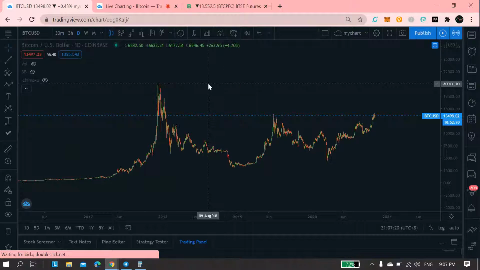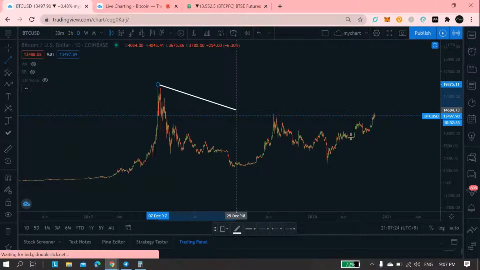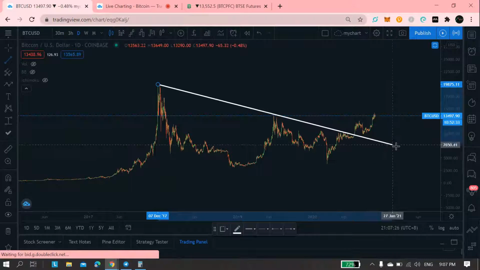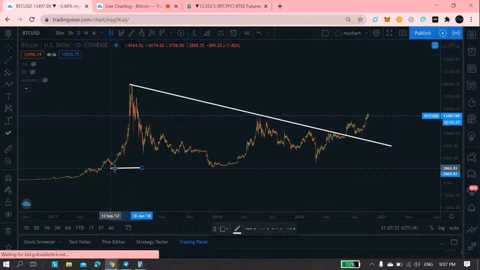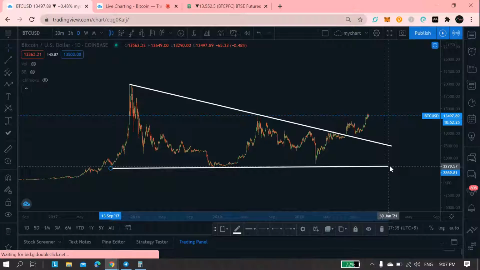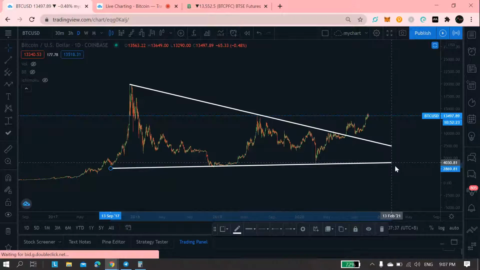So let me give first my long-term analysis on Bitcoin. I will be using candlestick, and after that I will use the Renko chart.